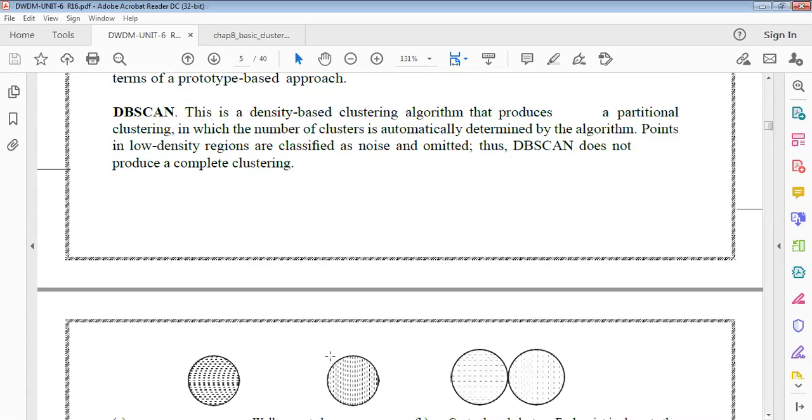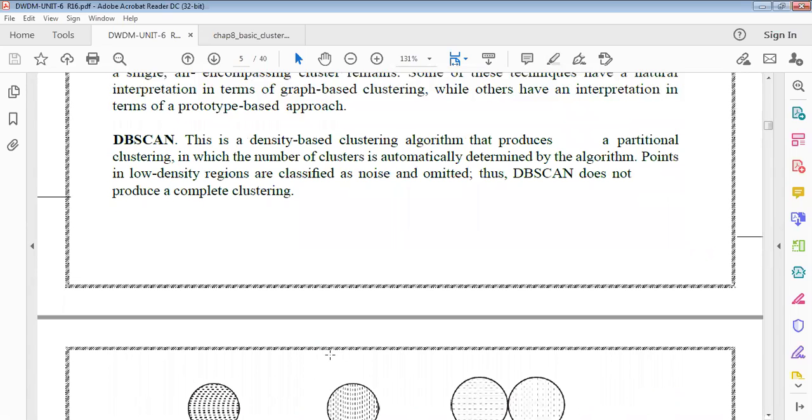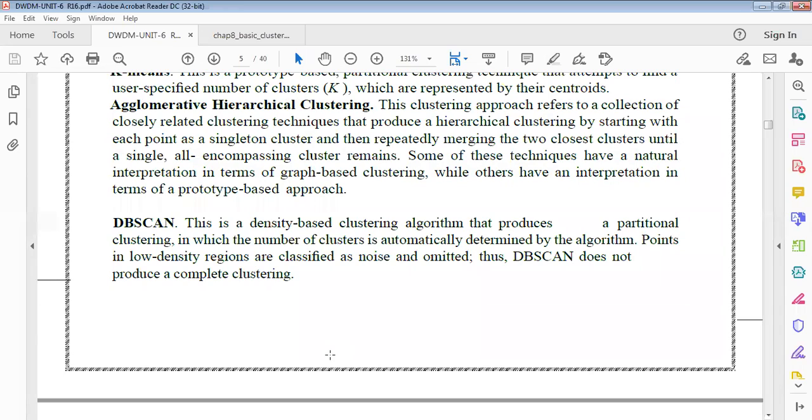The last one is DBSCAN. The DBSCAN algorithm is mainly a density-based clustering algorithm. Hierarchical clustering, density-based clustering: the density-based clustering algorithm is DBSCAN, the hierarchical clustering algorithm is agglomerative hierarchical clustering, and then k-means and bisecting k-means.